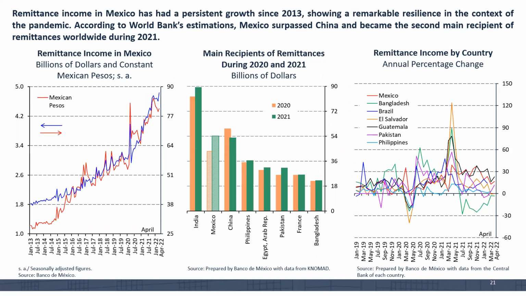According to the World Bank's estimation, Mexico became the second during 2021 when it surpassed China. However, as a percentage of the GDP, that year Mexico ranked 63rd place, but the remittance flows are very important. In 2021, flows were higher than FDI and the income from oil exports. Please, next slide.